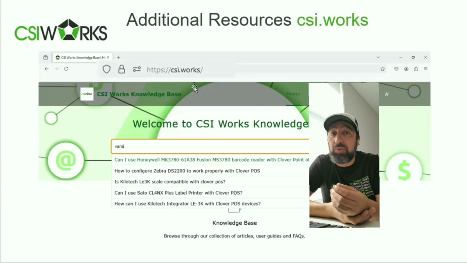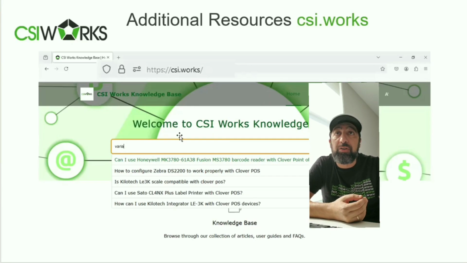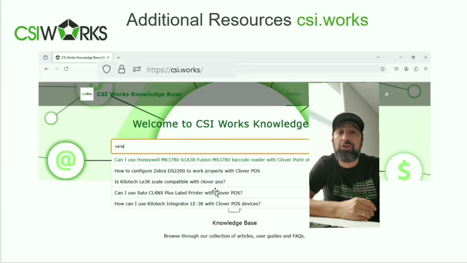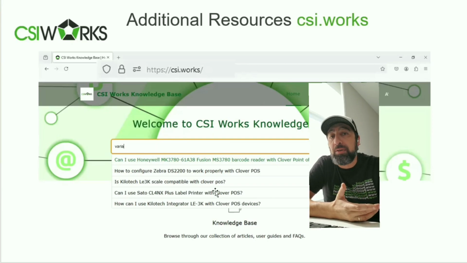And it's searchable, which is pretty cool. Here I'm searching for "variable," and right away it pulls up all the articles that mention that word. That's a pretty powerful resource that agents and merchants can use to find answers to the most frequently asked questions we get at CSI Works.